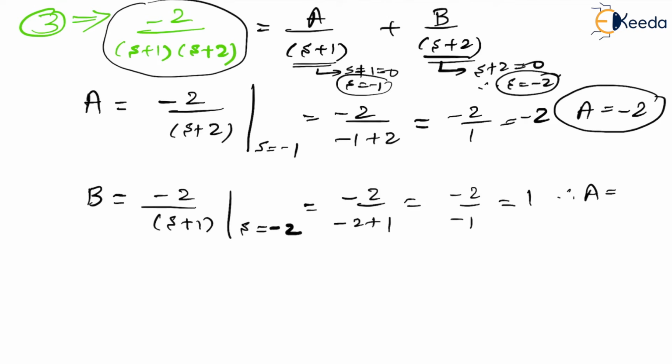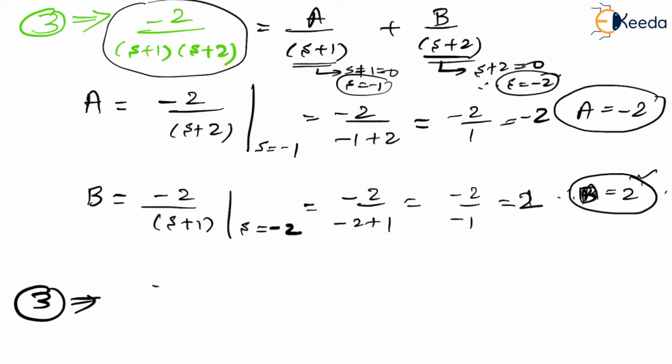So a is equal to, this is equal to 2, I'm so sorry. Sorry, b is equal to 2. This is b, I'm so sorry, b equal to 2. Right. Now the third term can be written as, let me take this term first.